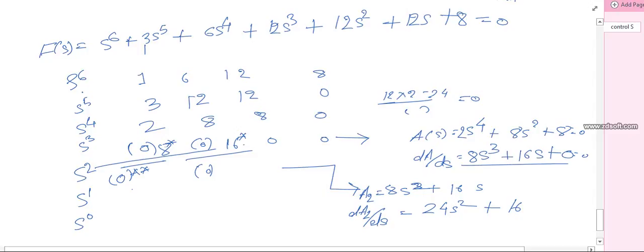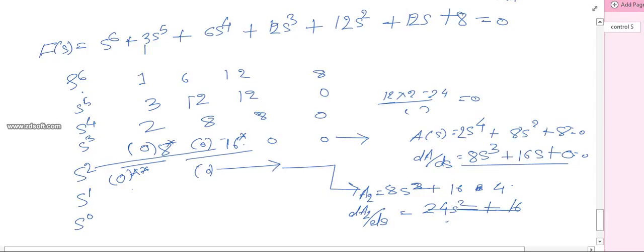Sorry, here this is 2 and this is 16, so the auxiliary equation 2 we are getting is 4s^2 plus 8.